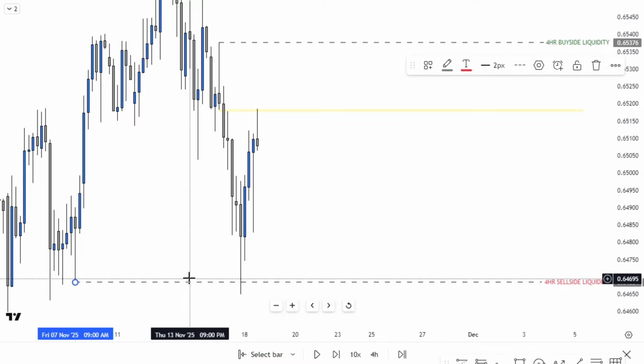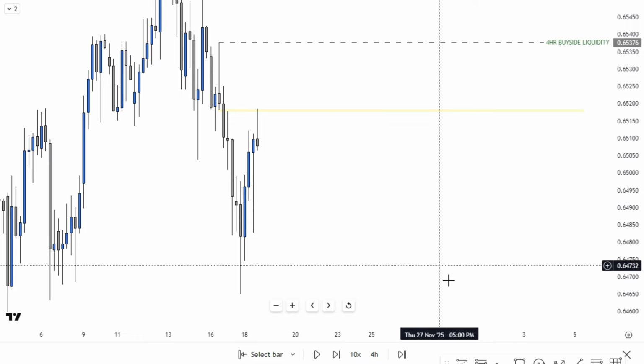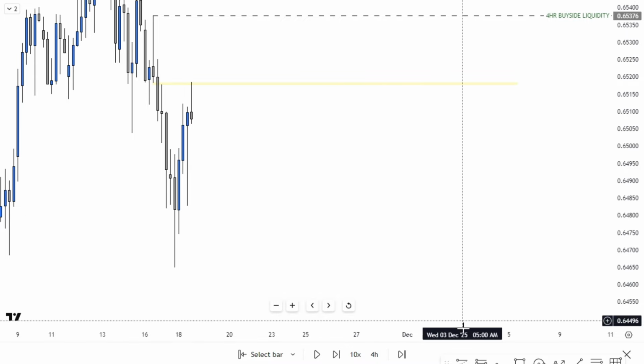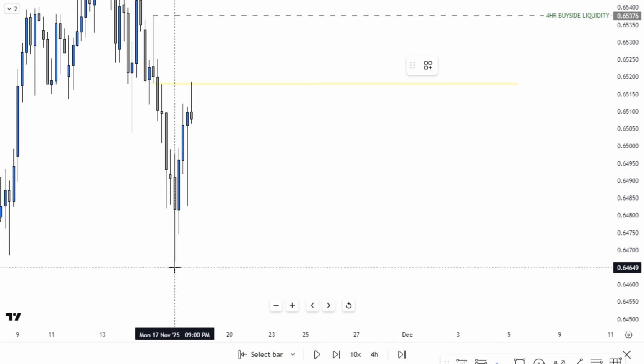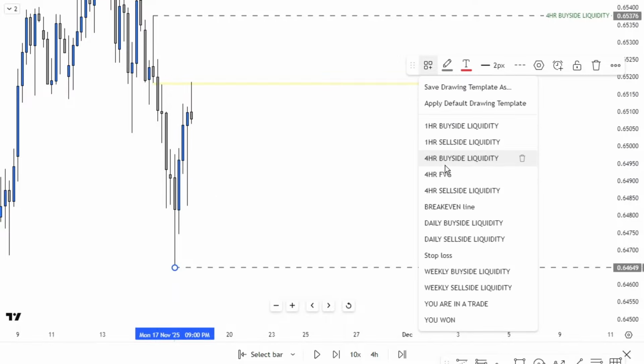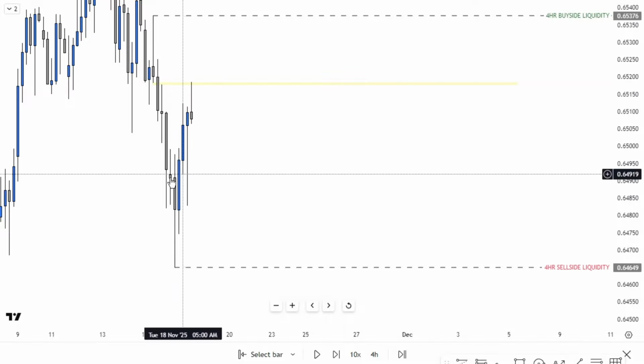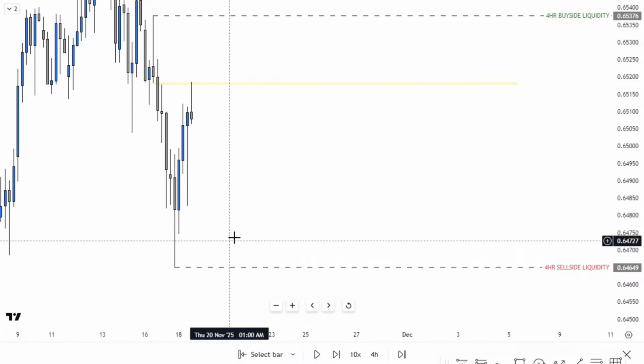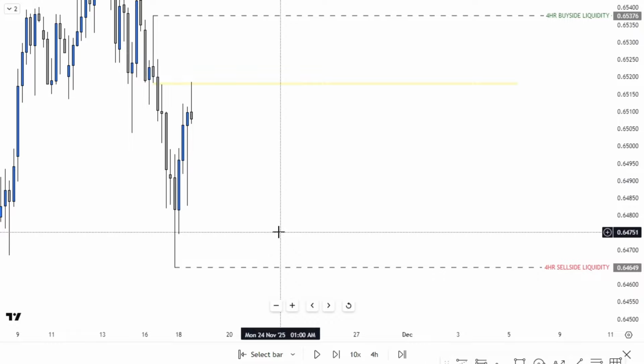And that shows us that price is intending to reverse. So now what's the next target for price to head towards? We have this 4-hour sell side liquidity. And this is what price is going to lean towards next. So let's see how price plays out.